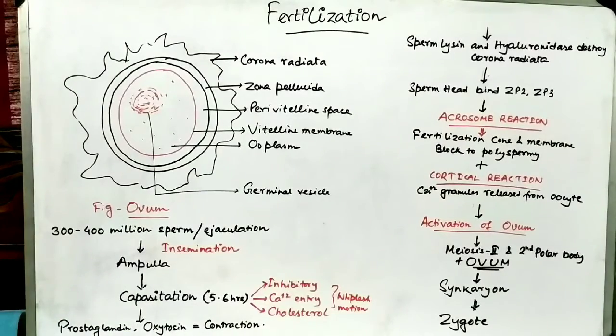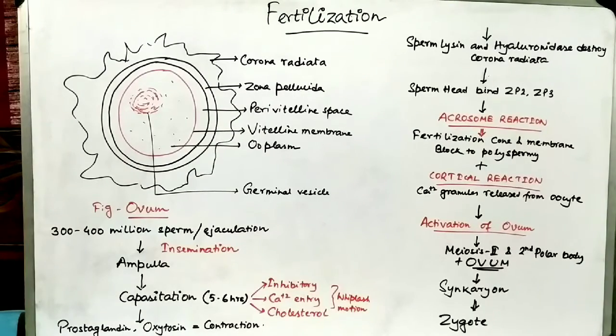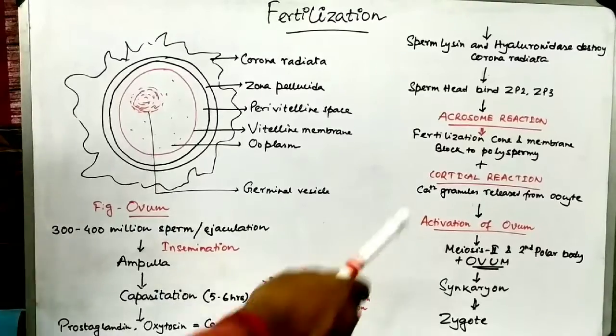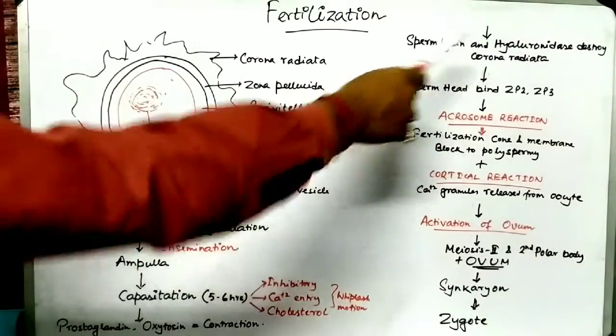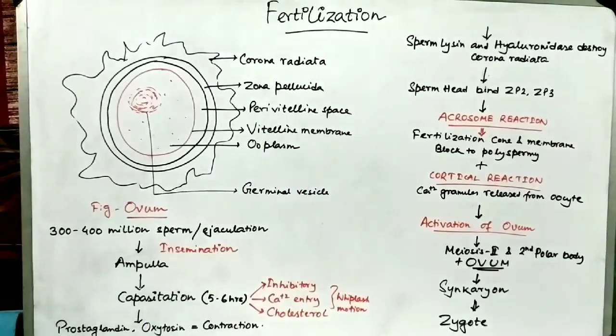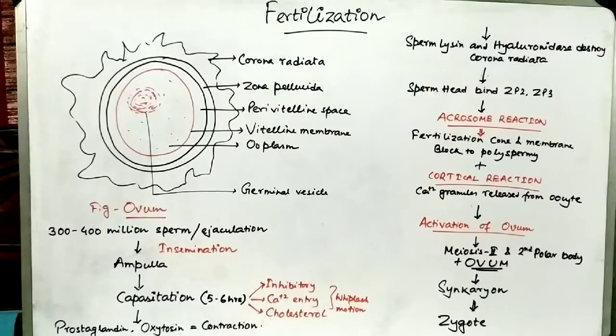where the fertilization will occur. Now, when millions of sperm reach the ovum, a single sperm will release enzymes like sperm lysin and hyaluronidase. These are the lysin enzymes and hyaluronidase. They will destroy the outer layer.